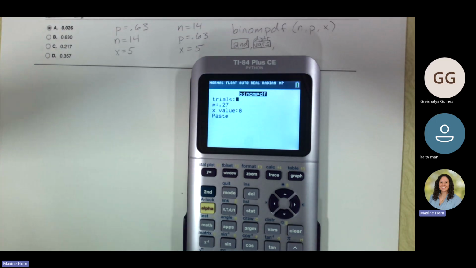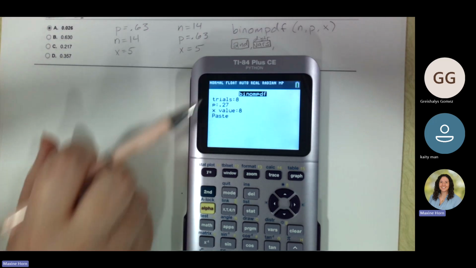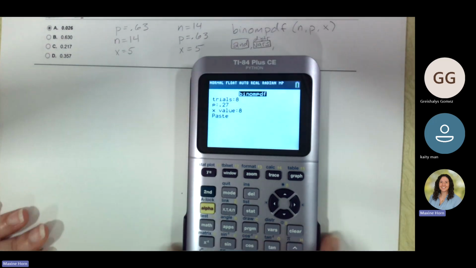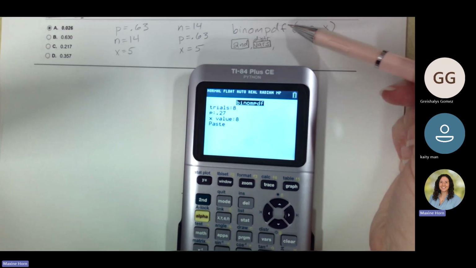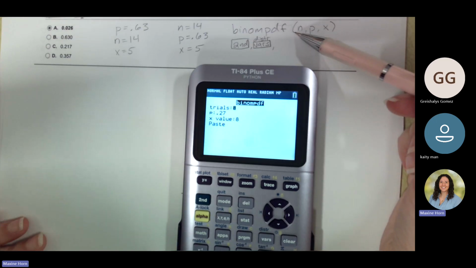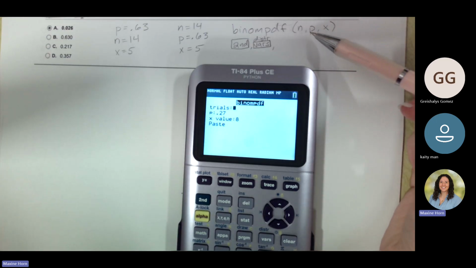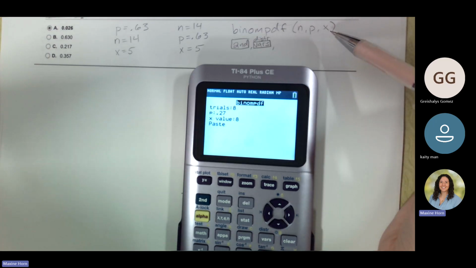If you have an older calculator, it still works, you are still fine, but it might not prompt you. All it's going to do is give you this and the parenthesis, and you have to know what you have to give it and in what order.